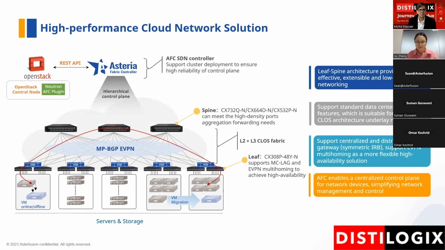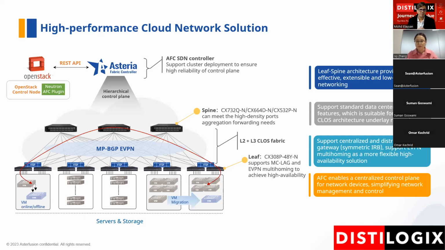When working in overlay, CXN series supports centralized and distributed gateway, enhanced by the EVPN multi-homing feature. It has more flexible, high availability options. We also provide AFC to enable a centralized control plane of the network to simplify the network management.